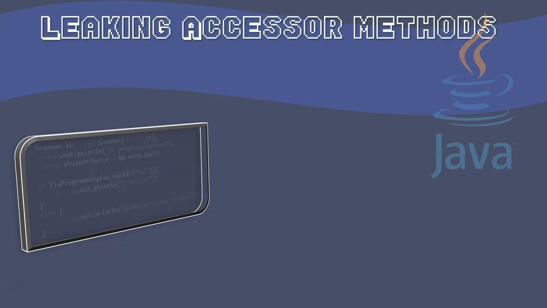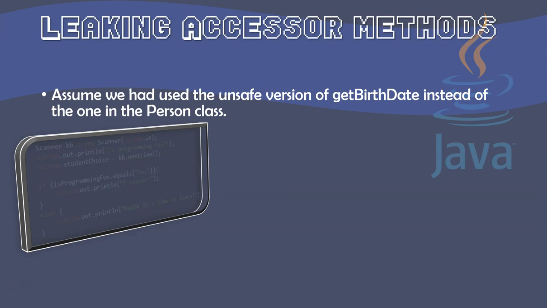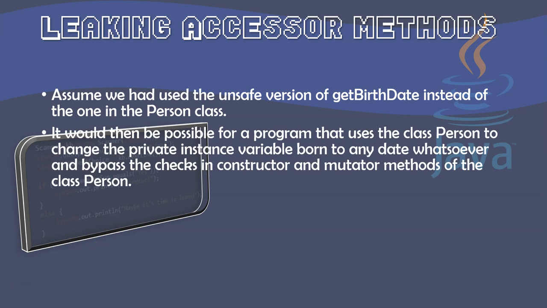So what does that mean with this leaking accessor method? Well, assume we use the unsafe version, which is the return born. What does that do to us? Well, it becomes possible for a program that uses the class Person to change that private instance variable born to any date whatsoever and bypass the checks in the constructor and mutator methods of the class Person.